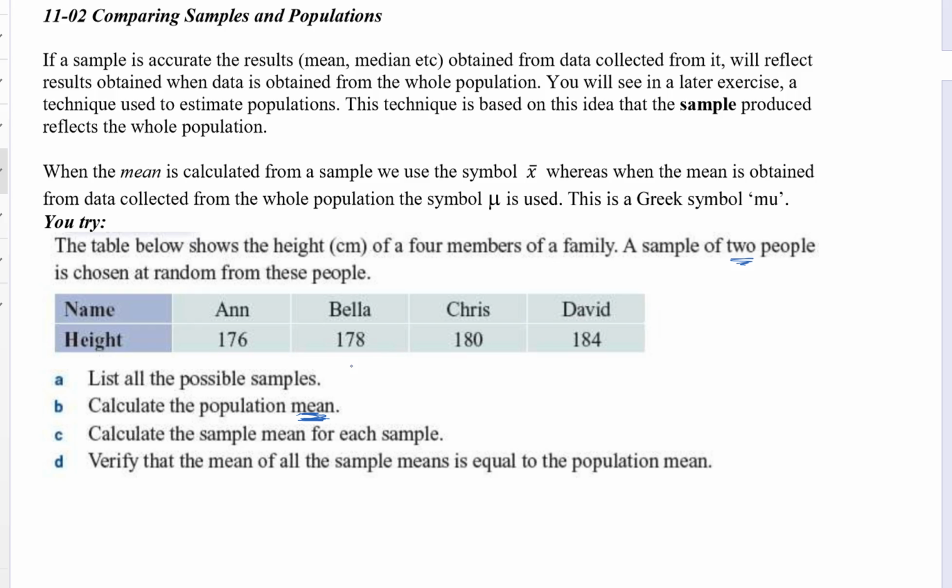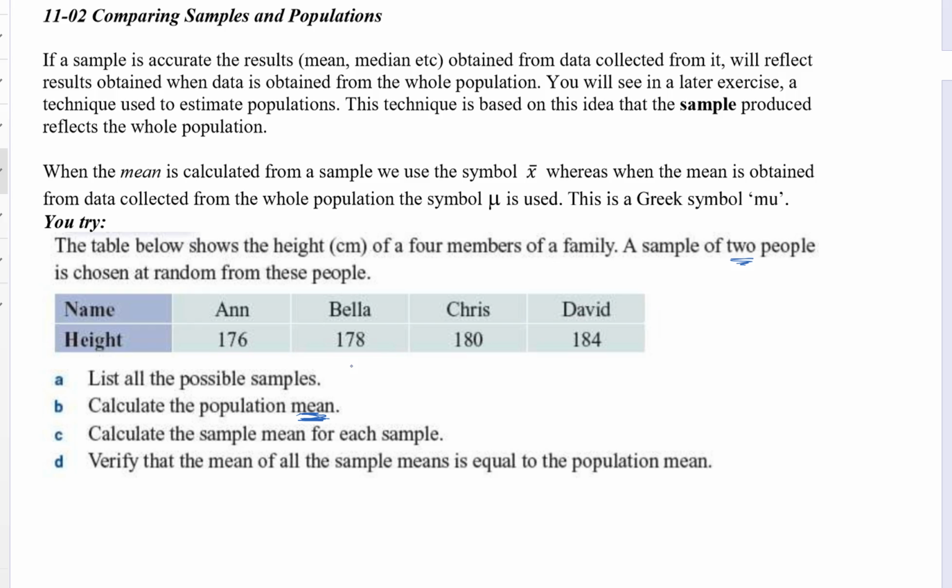But what you will see is that the more samples you test and develop some statistics for, and you take those statistics from the different samples, then you're able to use those statistics and maybe average those and get results closer to the population's mean or standard deviation or whatever it is that you're wanting to calculate.